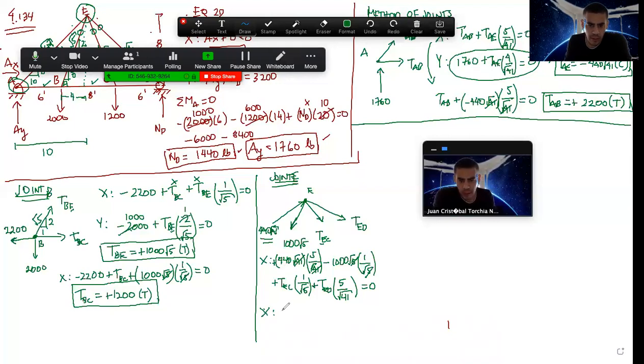This thing is 2200, maybe I'm not mistaken, 2200 minus 1000, okay, minus 1000, and this guy's over there, okay, so plus, again, TEC 1 square root of 5, and plus TED 5 square root of 41 equals 0. Okay, so this thing is actually, well, I'm going to put it over here, TEC.